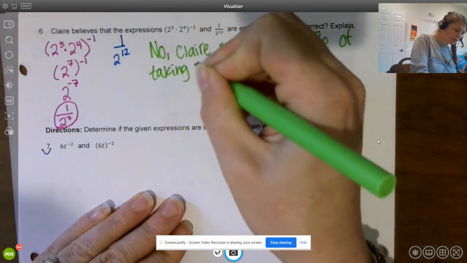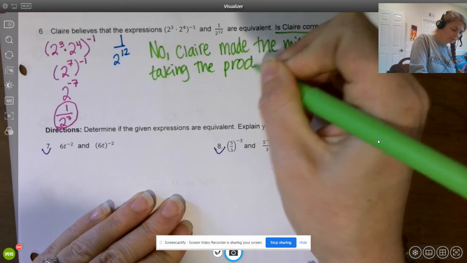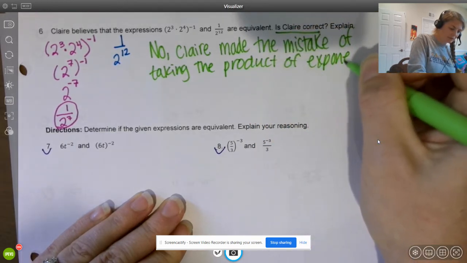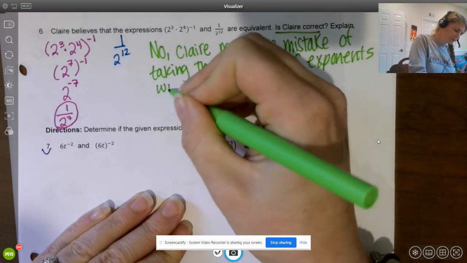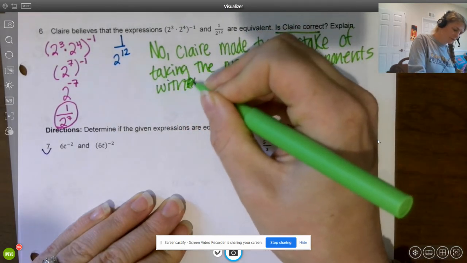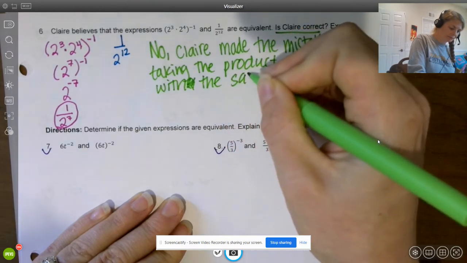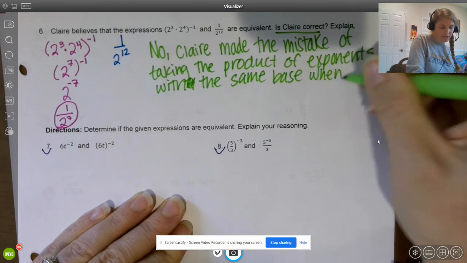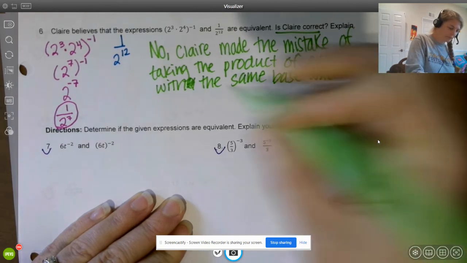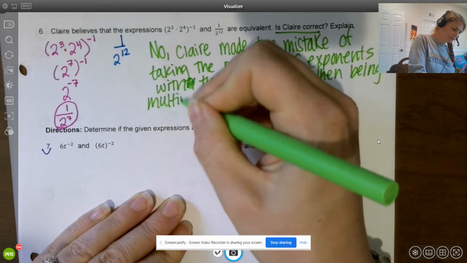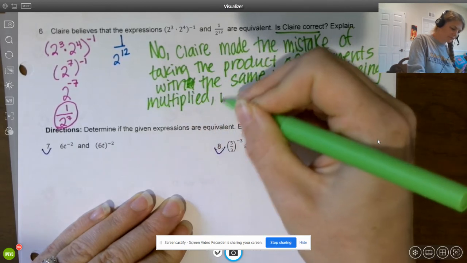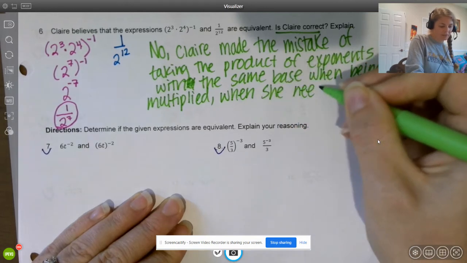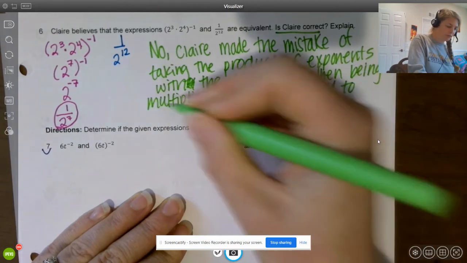Taking the product of exponents with the same base when being multiplied. When she needed to take the sum.